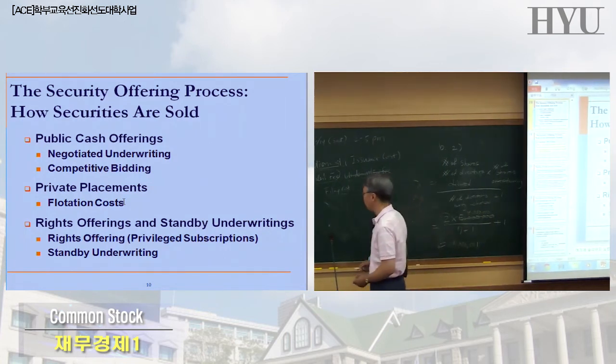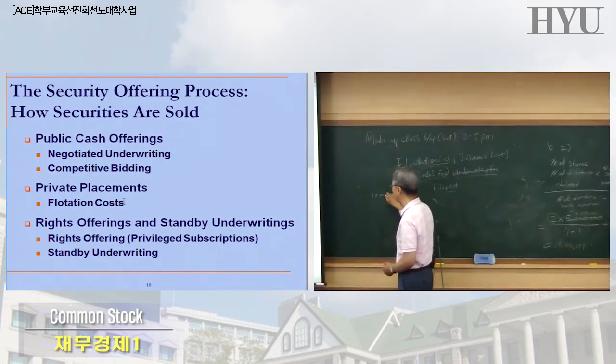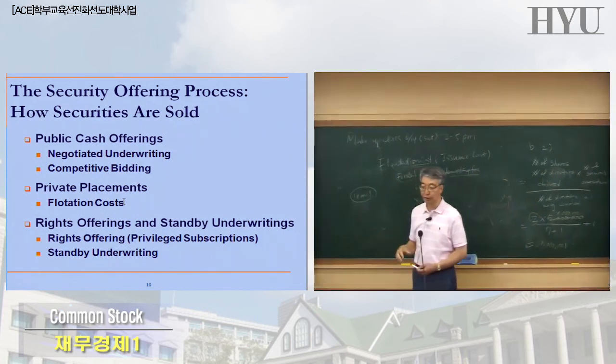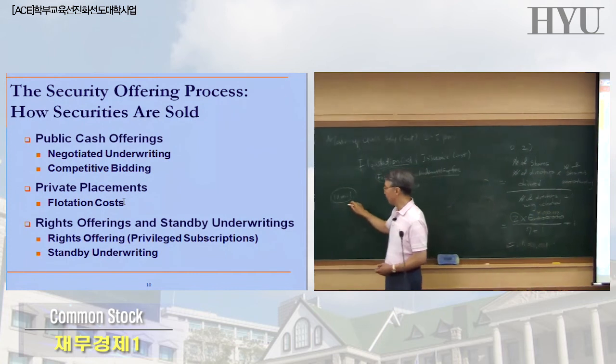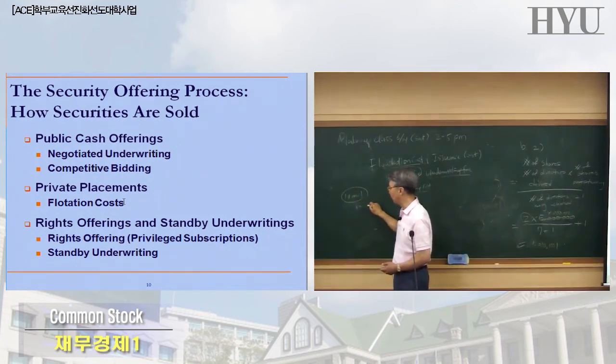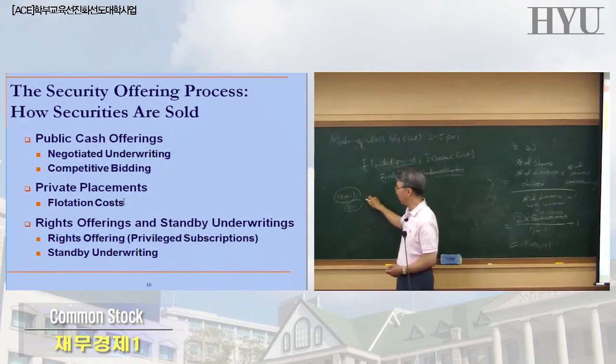Let's say the company issued 10 million shares and offer the entire 10 million to the existing shareholders in terms of rights, okay? But let's say they were able to sell only 8 million shares. So 2 million shares are remaining, right?